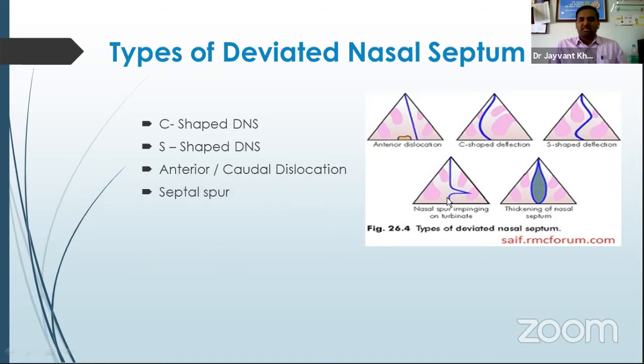Then septal spur. Septal spur is developmental or traumatic, in which headache often occurs. And septal thickening is due to bleeding or a complicated situation.